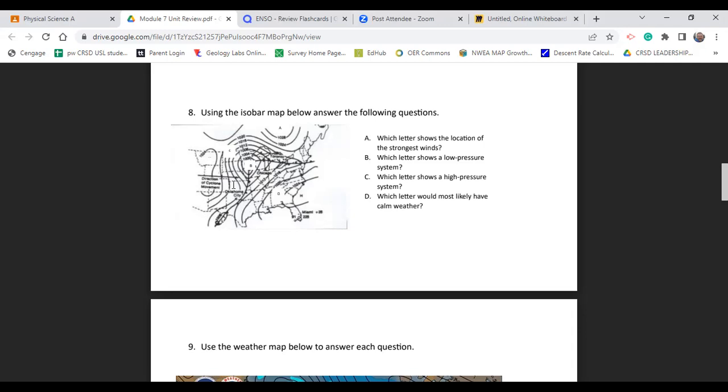This is the lab. You have to turn this in. It is an assignment, so make sure you're doing it.